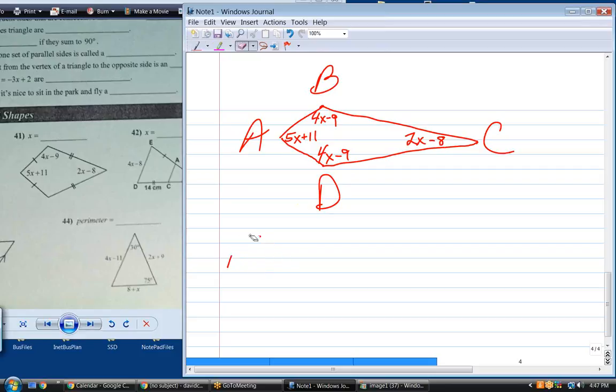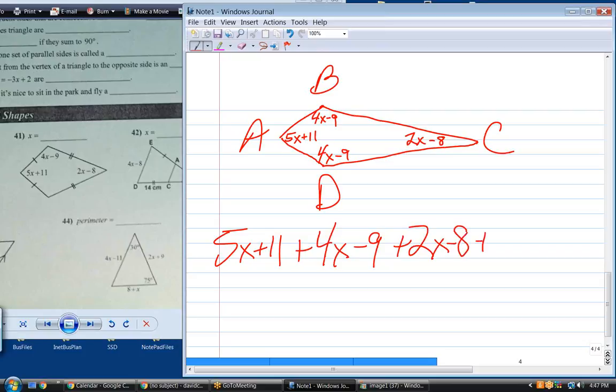Mainly what I was looking for from you is this: 5x plus 11 plus 4x minus 9 plus 2x minus 8 plus 4x minus 9 equals 360. There's the equation.